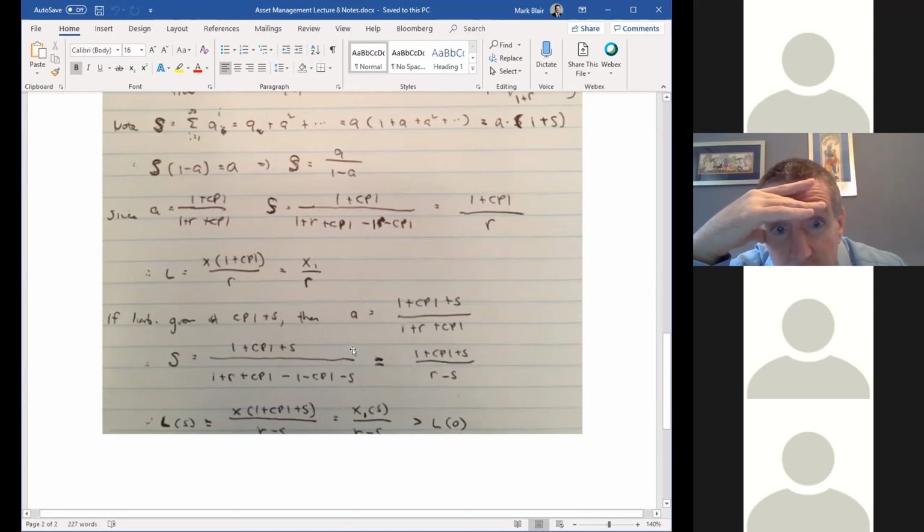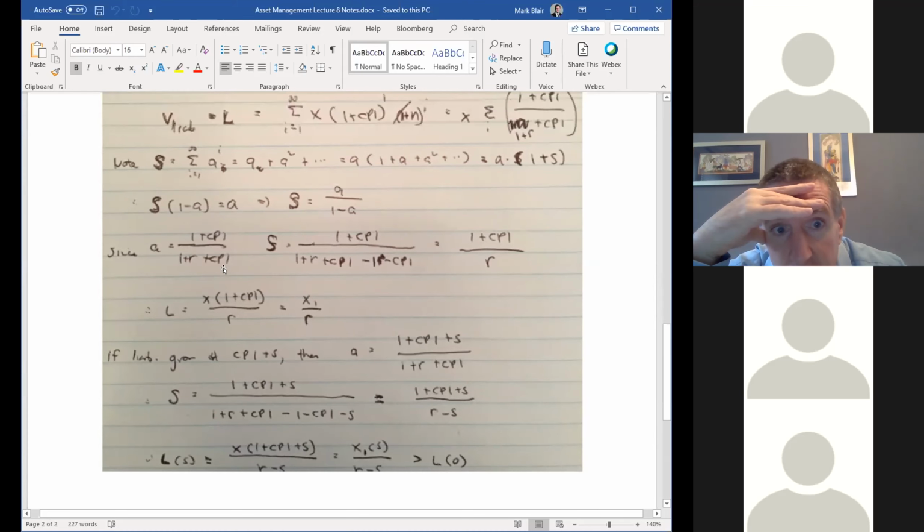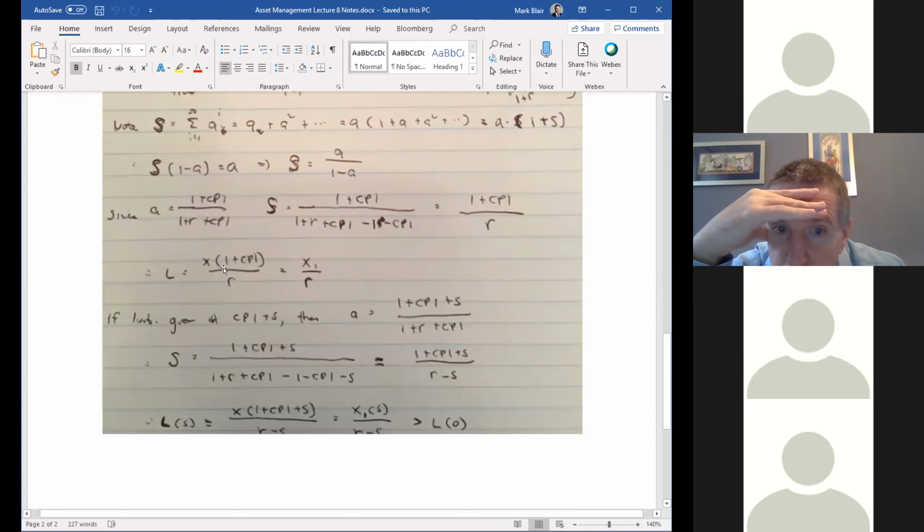I just want to check that makes sense. The intuition is that this is higher yielding, so it's more valuable to you, and the denominator is a smaller number.